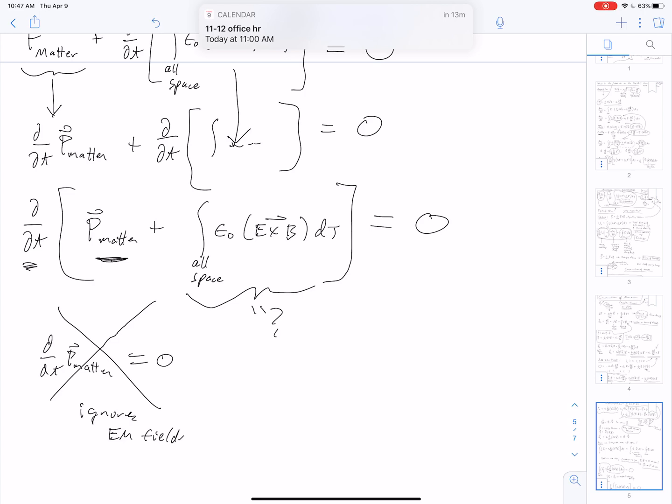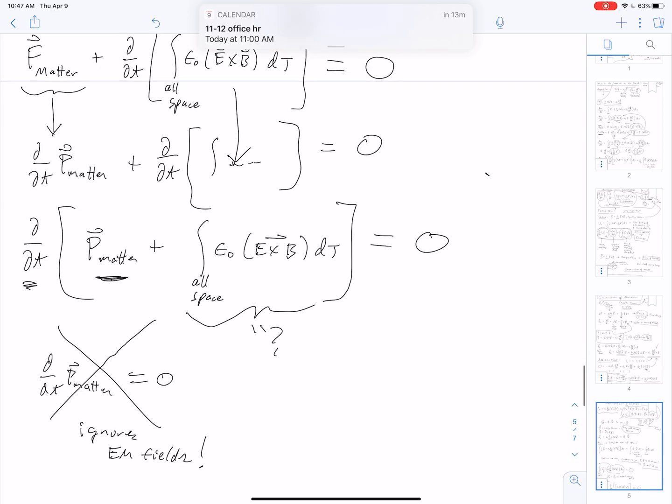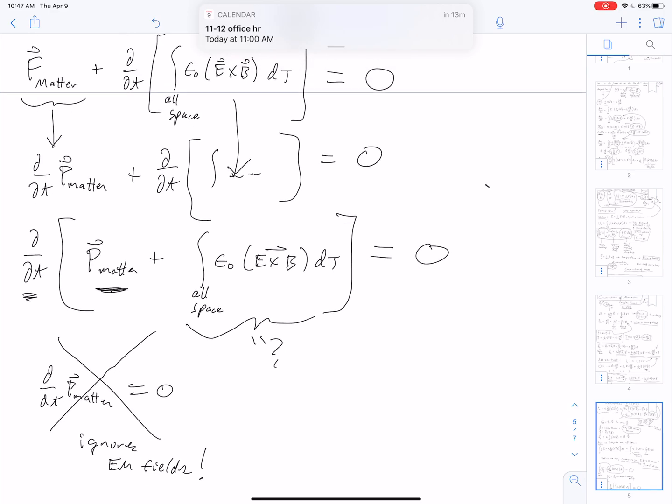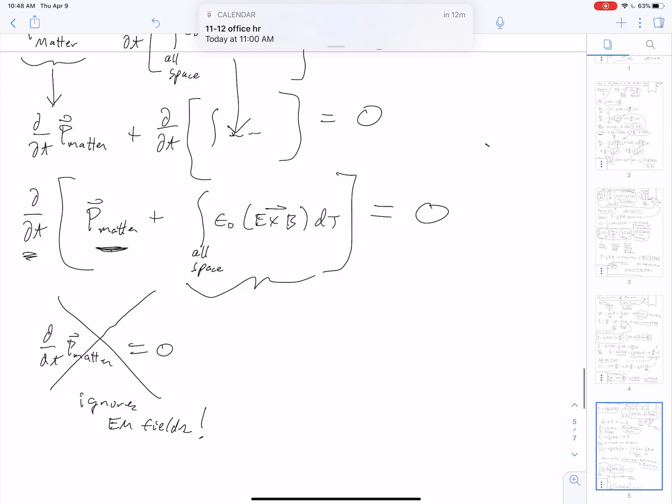And the electromagnetic fields carry momentum. And what is the momentum that they carry? Well, this stuff has to be the momentum of the electromagnetic fields.